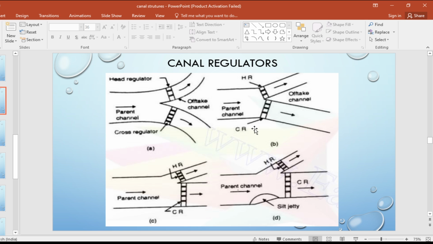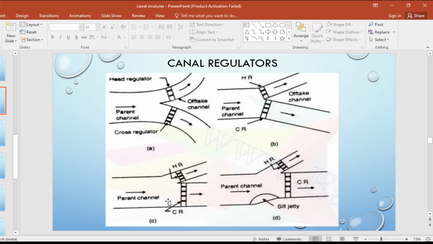Now, under the circumstances when the parent channel has to be kept straight, both upstream and downstream of the offtake, the edges of the canal rather than the center line should be considered in deciding the angle of offtake.